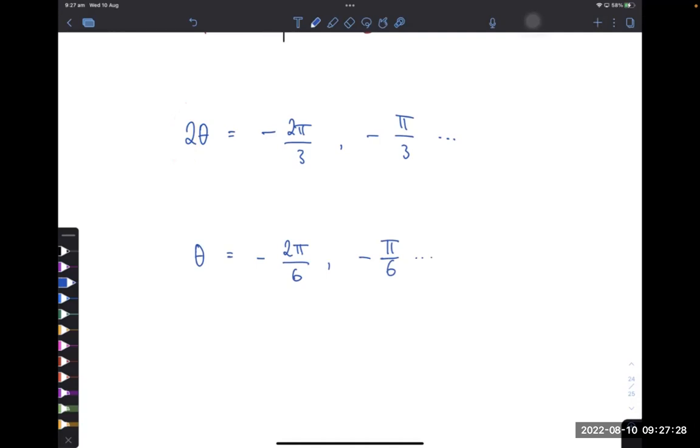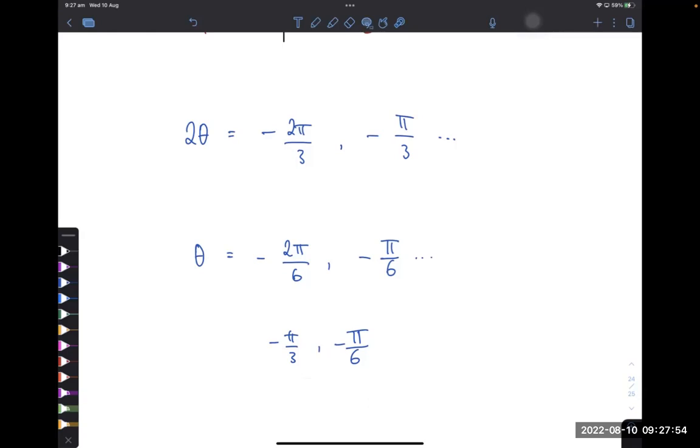What would happen if I simplified this? You've got negative pi on 3 and negative pi on 6, yeah? The issue here is that the denominators are different. It's harder to work with. Simplify at the end in this case.